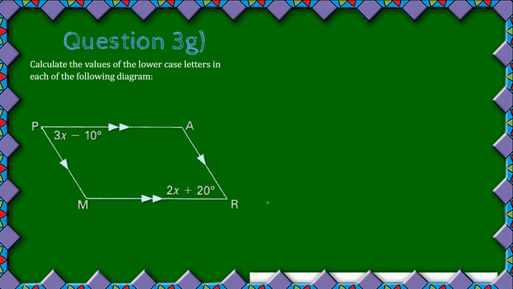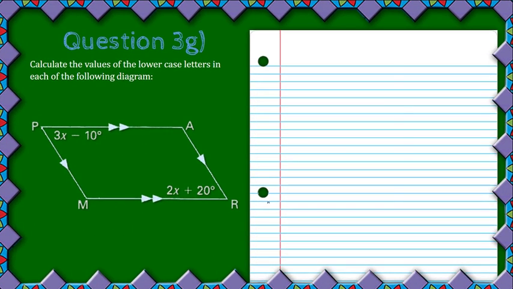3G. This one's also pretty straightforward. We see that both of these are parallel, and also MP parallel to AR. So that means we are working once again in a parallelogram, making the opposite sides equal to each other. So I'm just going to say simply 3x minus 10 equals 2x plus 20.